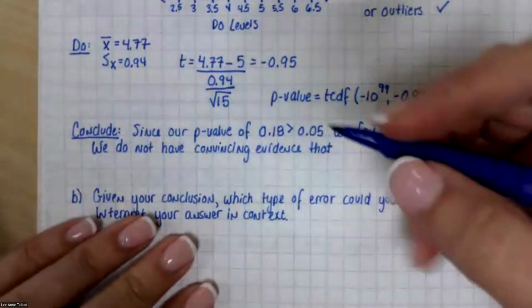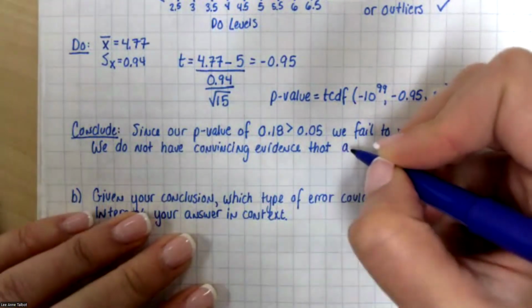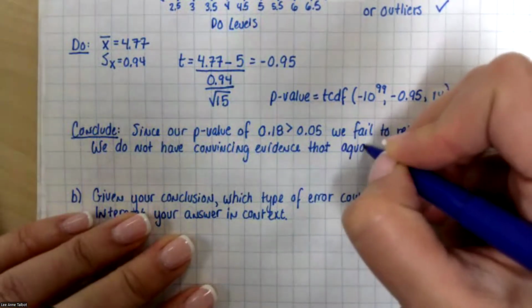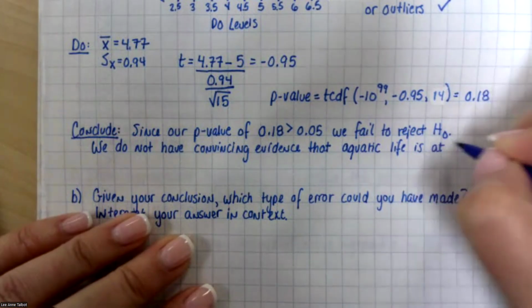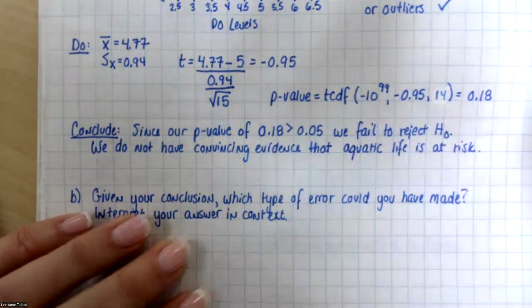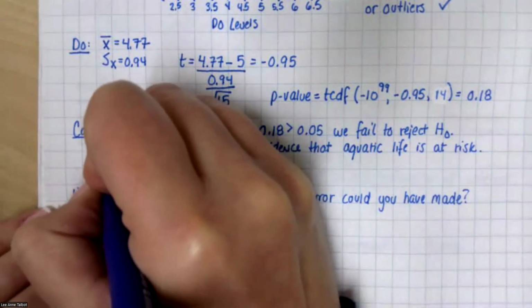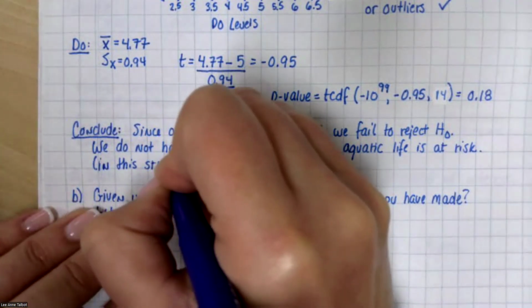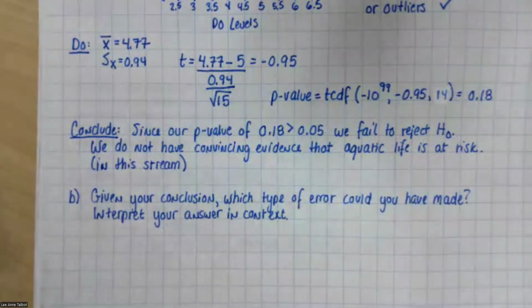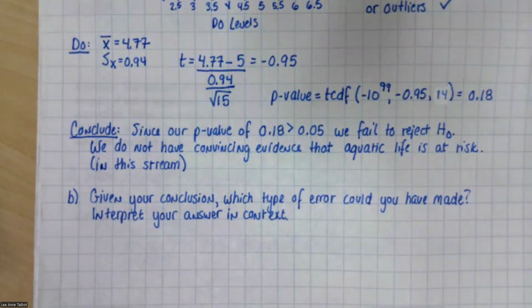Perfect. We do not have convincing evidence that aquatic life is at risk in this stream. Just going to add in this stream. Doesn't mean aquatic life's not at risk everywhere.